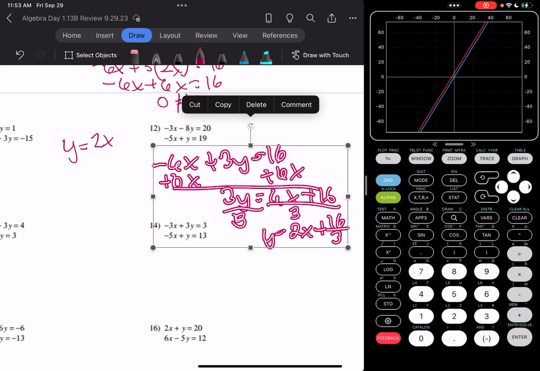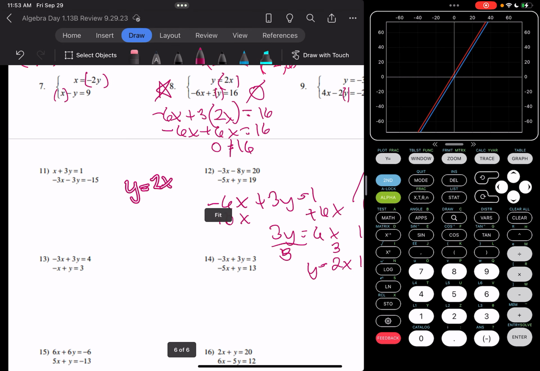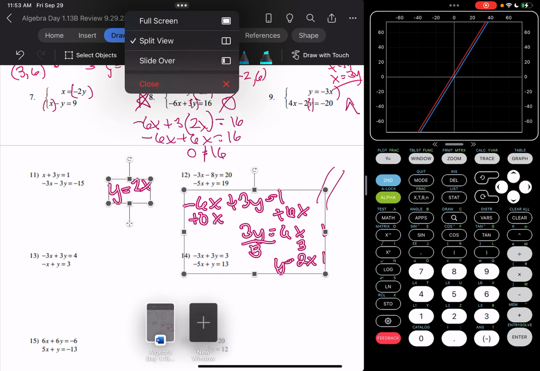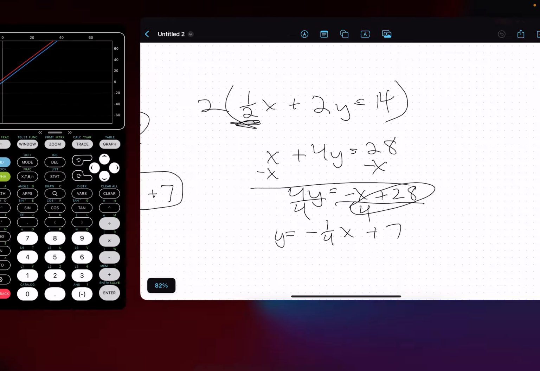They're parallel lines, so they're running next to each other, and they will never intersect. Because they are parallel lines, they have the same slope, but different y-intercepts. They run next to each other, and they will never intersect, which means that we don't ever have a solution for that particular system of equations.